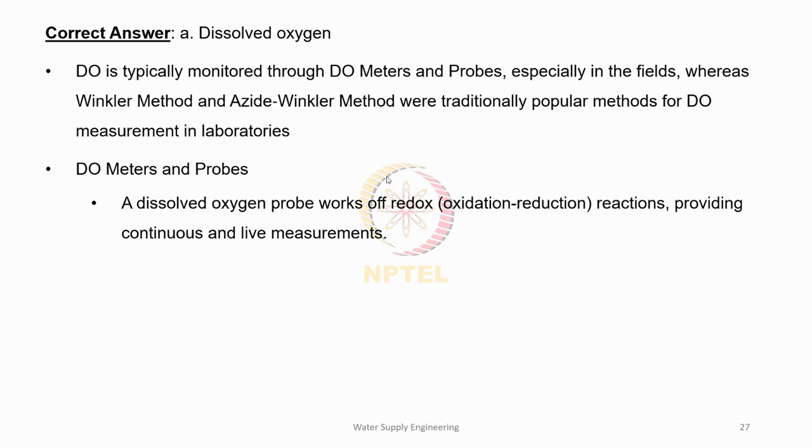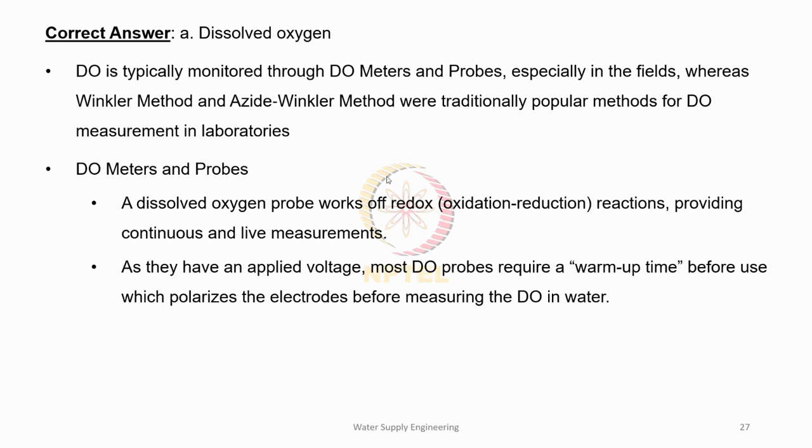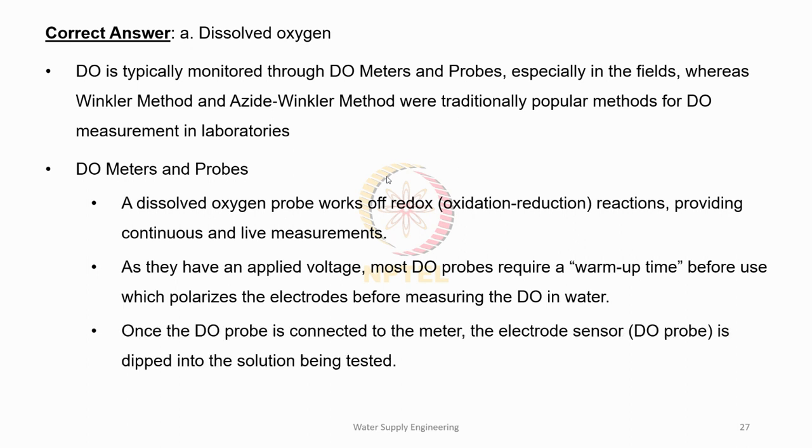So they work on the principle of oxidation reduction. Also, the probes will mostly have an applied voltage, so they require a warm up time before we use them for the measurement. During this warm up time, the electrodes are polarized.